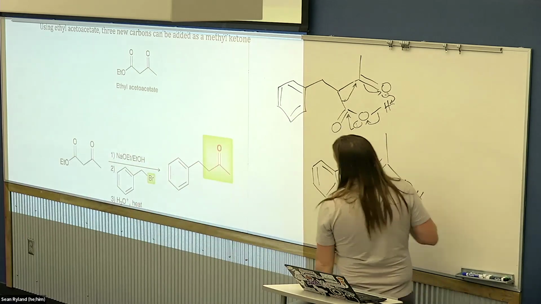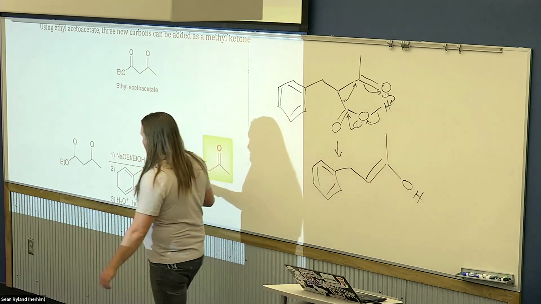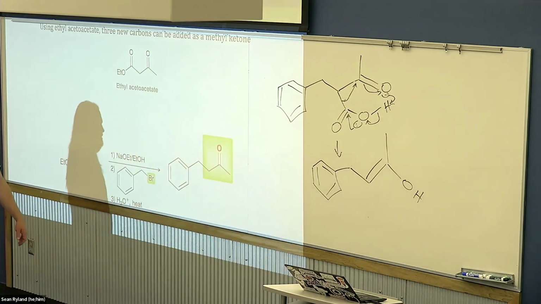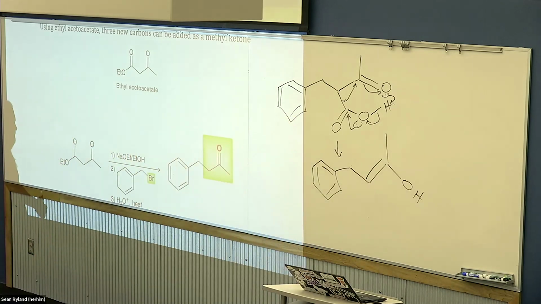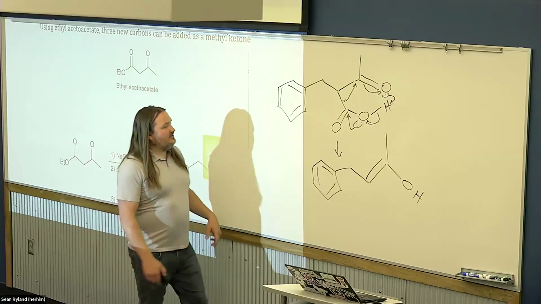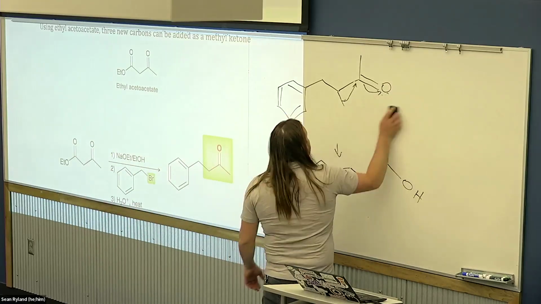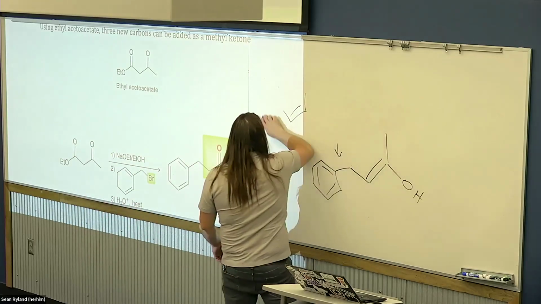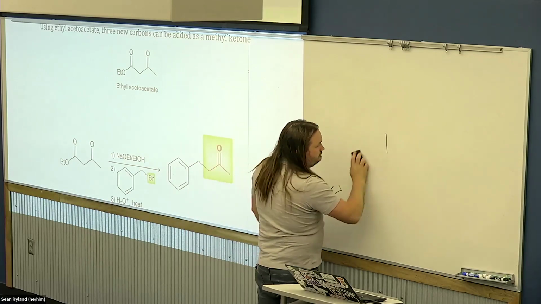Sometimes it's handy to have a reaction that adds 3 carbons, because both the alkyne addition and the malonic ester synthesis added 2. Being able to add an odd number of carbons can be helpful too. It's another tool in the toolbox.